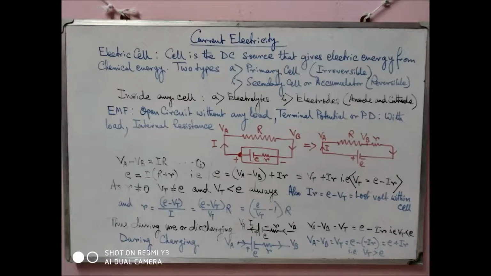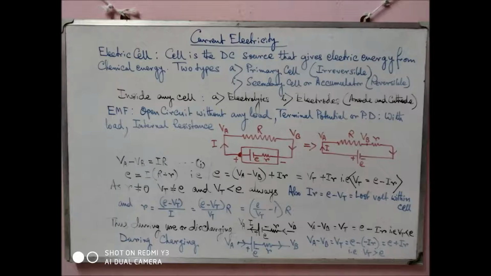Simply load. Now at two terminals of the cell, VA and VB, VA is high potential because it is the positive terminal, and VB is low potential because it is the negative terminal. So current flows from high to low potential, that is VA to VB. Simple diagram. Now if we draw an equivalent circuit of this diagram, shown in the next diagram with an arrow, then that big R, the load resistance, and internal resistance small r are in series with the EMF.